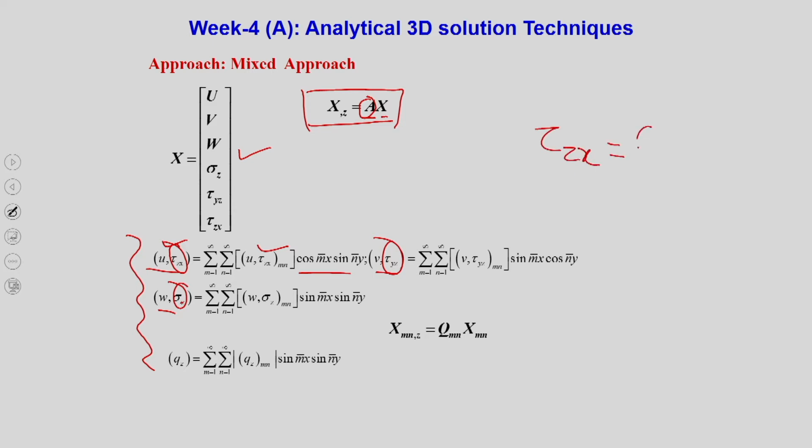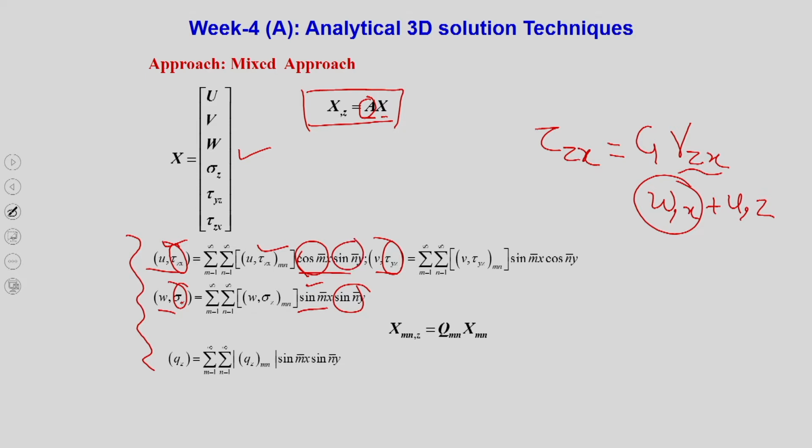is nothing but G times gamma zx, and gamma zx is basically w comma x and u comma z. You assumed w as sin sine, so w comma x, the derivative along x, gives you cosine. So, tau zx will be cos along this and sine along the other.